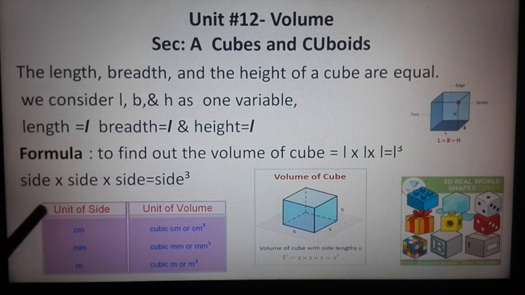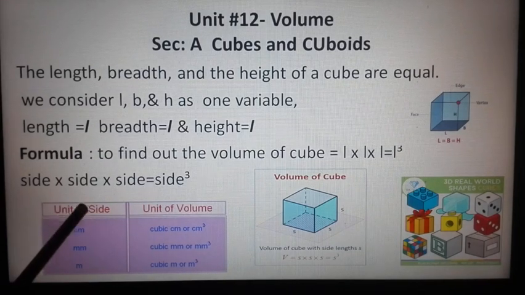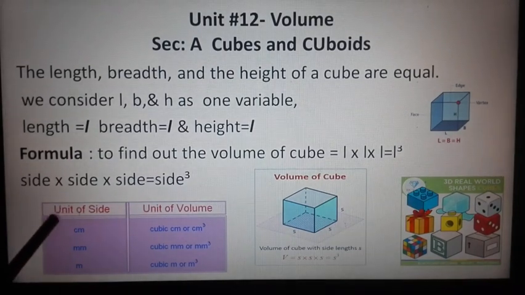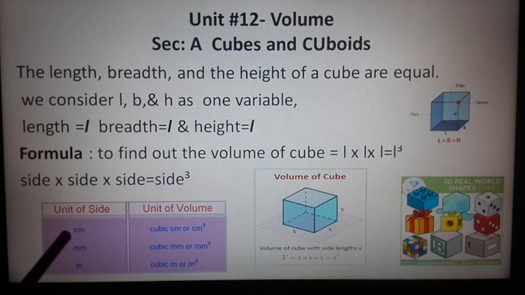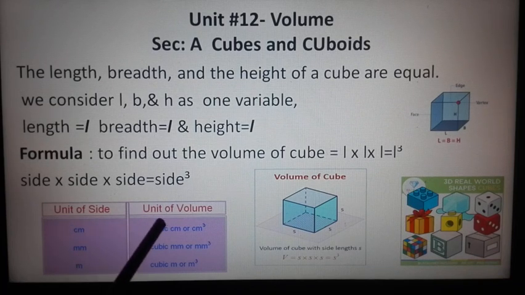Now the next thing you have to take care of while doing the problem is the unit of the side. Sometimes it is given in centimeter or millimeter or meter, so you have to change it when you are doing the problem. When you find the volume, don't forget to write the unit.